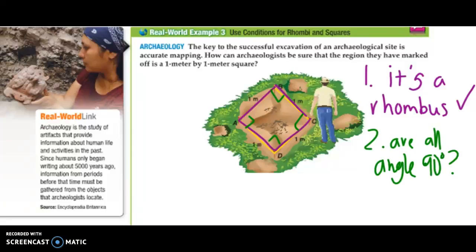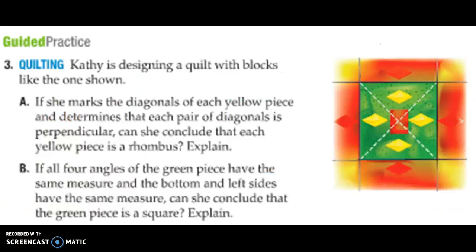And if we find out that all four angles are right angles, then it's a square. So our archaeologists would have to go measure to make sure that all four angles are going to be right angles if they want to prove it's a square. But until they can do that, we can't see if it's a square or not.